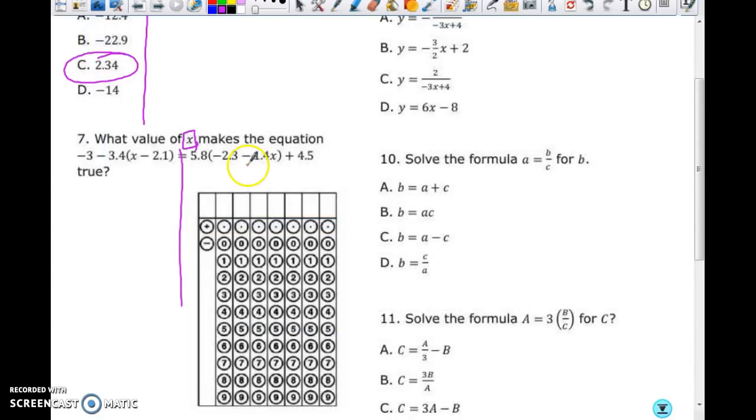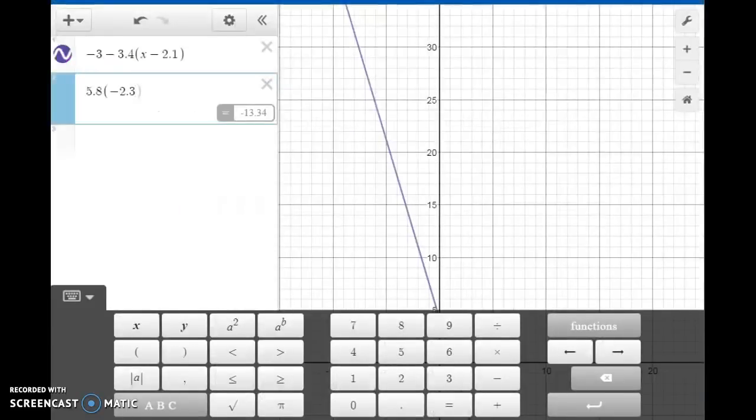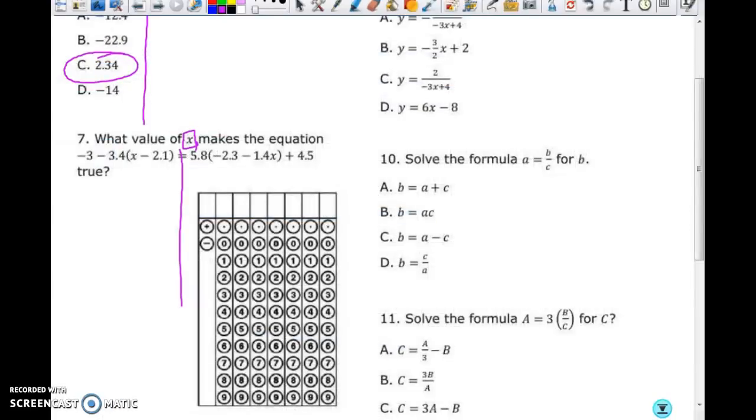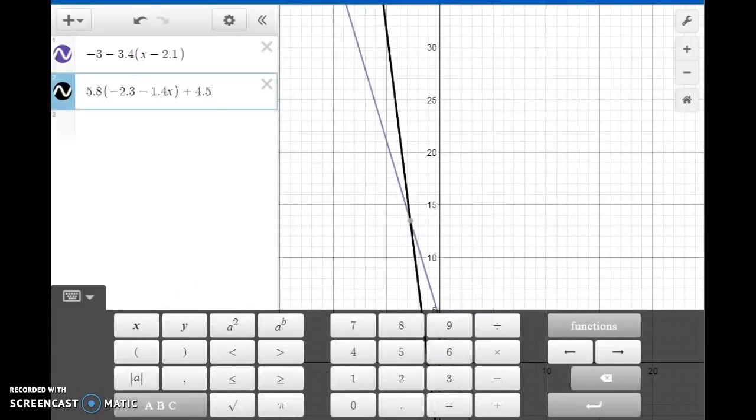I didn't bring my paper up here. Close out the parentheses, and then they added plus 0.45. Plus 4.5. Okay? So I put one side, then the other side.